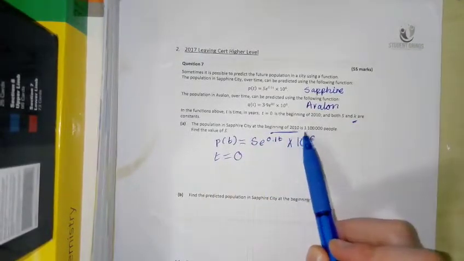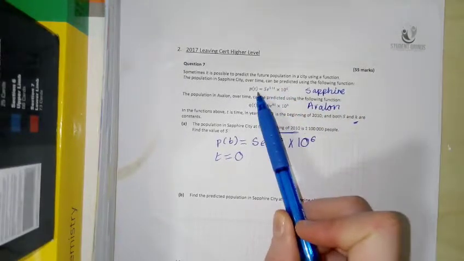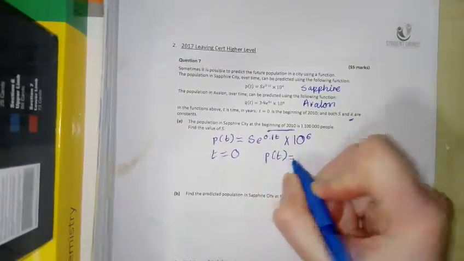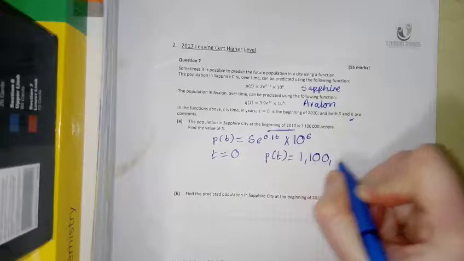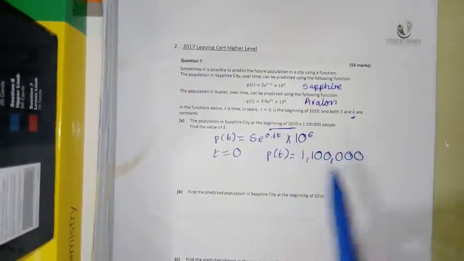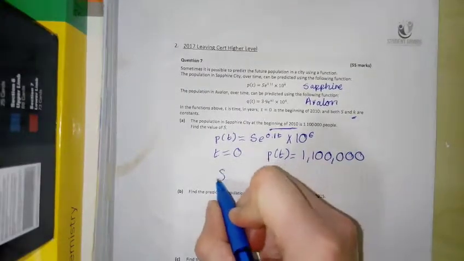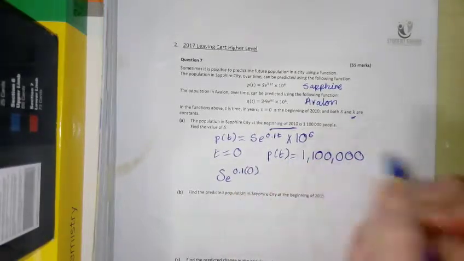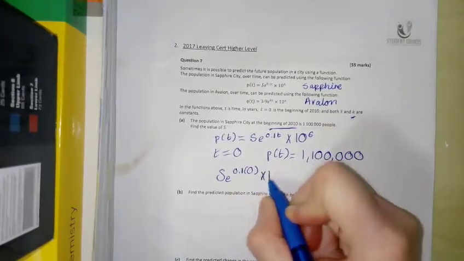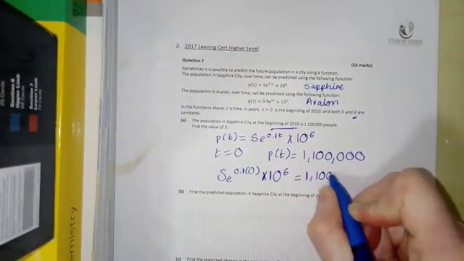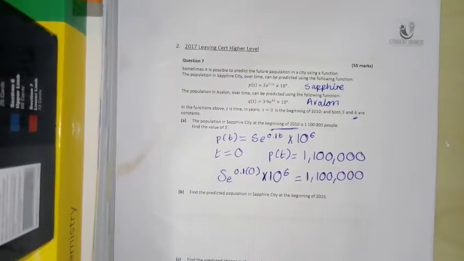So our time equals 0, and we're told that the population is this number here, and this function equals the population. So the overall function is equal to 1,100,000. So we can sub in T equals 0. S e to the 0.1 times 0, times 10 to the power of 6, is equal to 1,100,000.